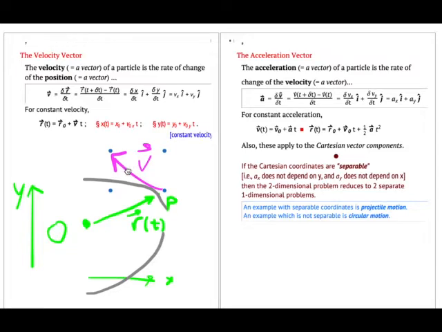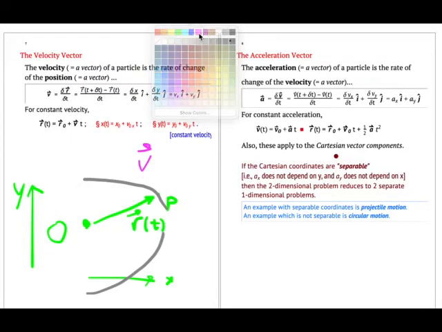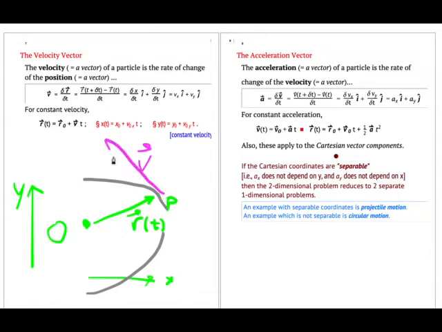Maybe I can write this better. The velocity vector, when the position is here, would be tangent to the curve. Well, let's put it in pink again. So I guess it would be off in this direction.